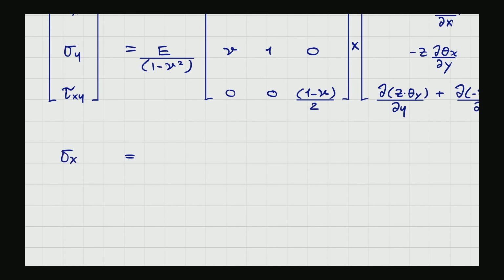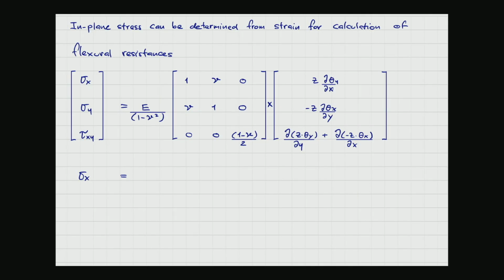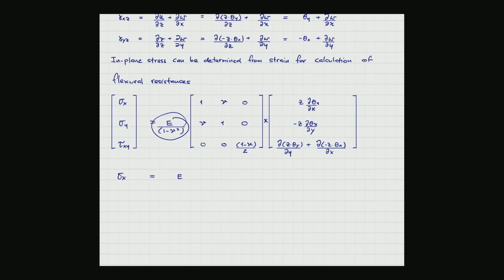Sigma x is equal to E. We take the common factor out, and you don't have anything in this column.